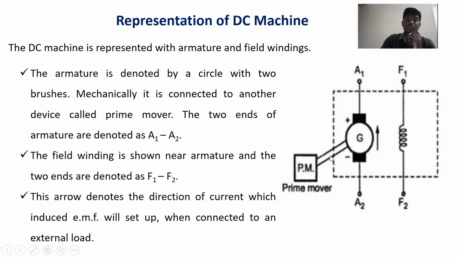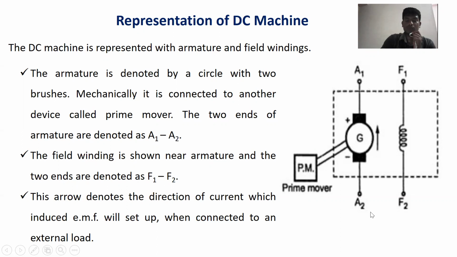This armature connects to a prime mover, that is PM. PM is nothing but the prime mover. This prime mover is useful to provide mechanical energy to the generator. So each and every generator must have a prime mover. Why? Because it provides mechanical energy to the generator, and this circle shows the generator armature.